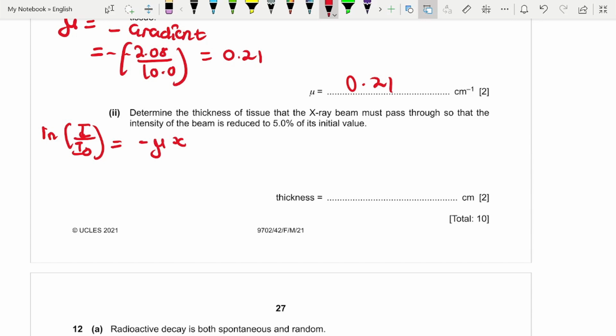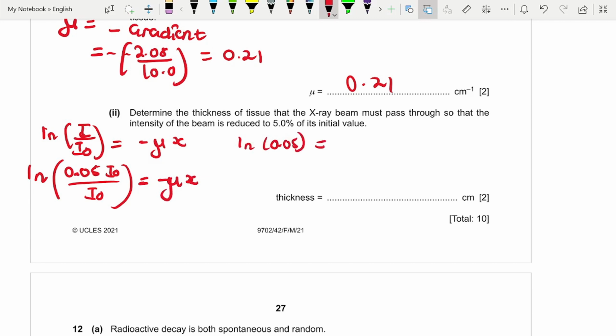So for it to reduce to 5% of its initial value, that's going to be the result that you're going to get divided by the initial value, I naught. Our ln of that's going to be negative mu multiplied by x, right? These two cancel out, so you have ln 0.05 being equal to negative mu multiplied by x.